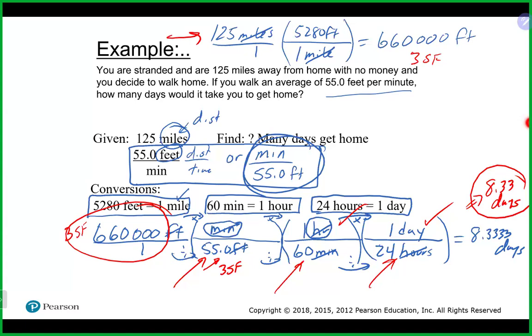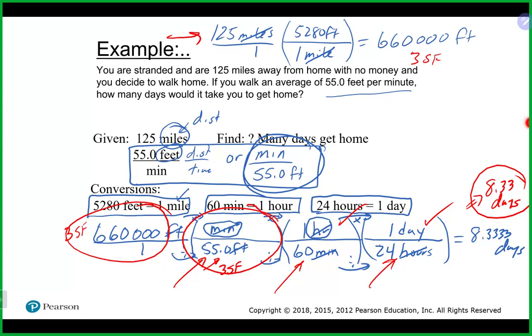So any conversion that's considered an exact number or conversion, you don't have to worry about the significant figures when you're doing those calculations. And typically that comes from any conversion like time like that, or any conversion that is a metric to metric conversion, or an English to English type conversion. The only conversions you usually have to look at are, like we did here, one that just comes from the problem.